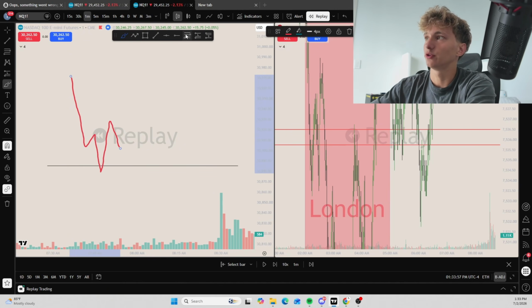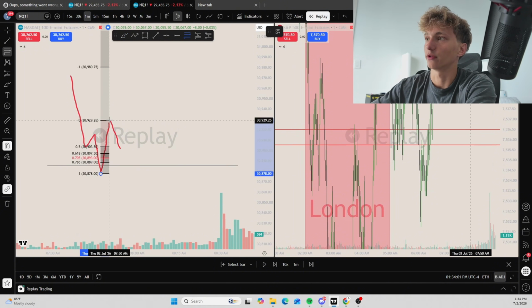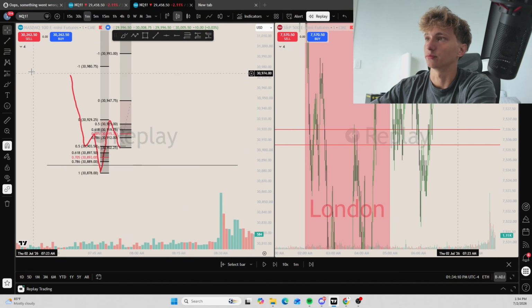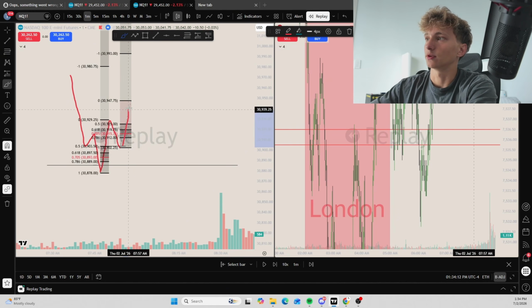The first fib you are waiting for to come back to 0.5. Once 0.5 gets hit, the second fib forms, and you are going to take it from this low up until wherever it forms the next high. Once it forms the next high, you are then going to limit and enter at 0.618.